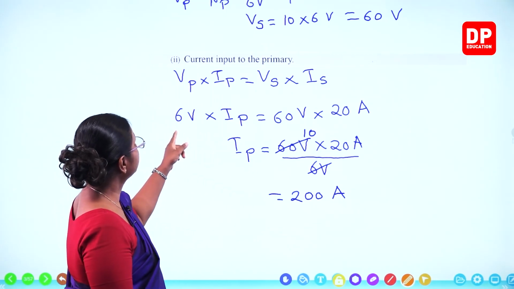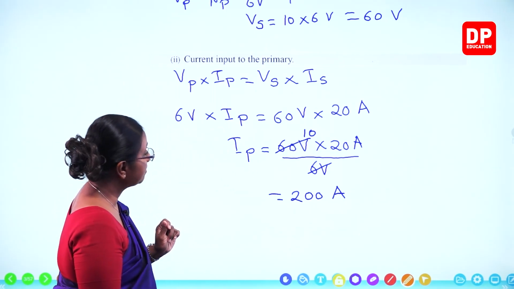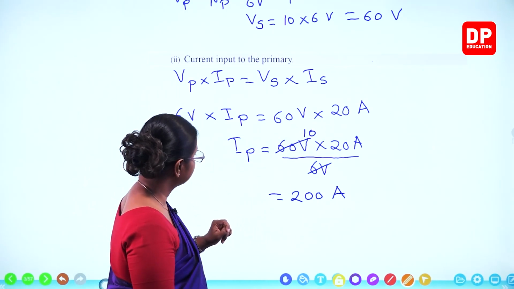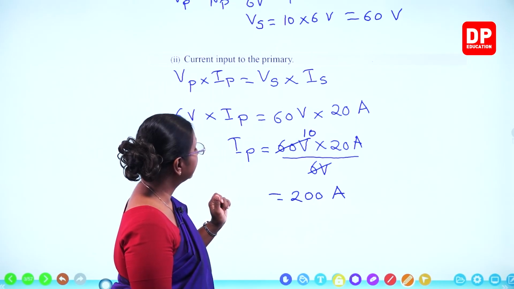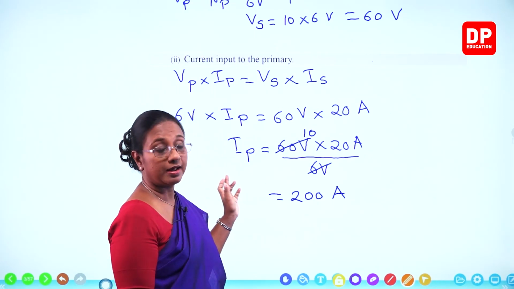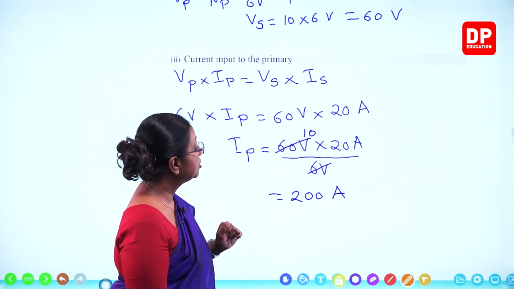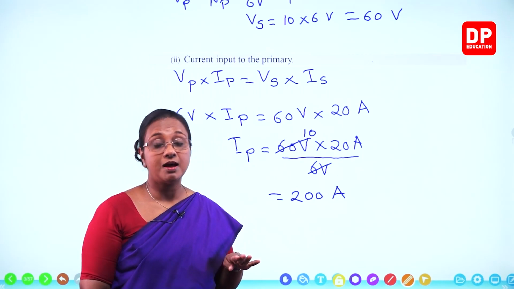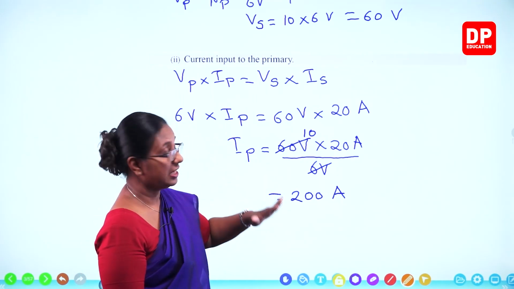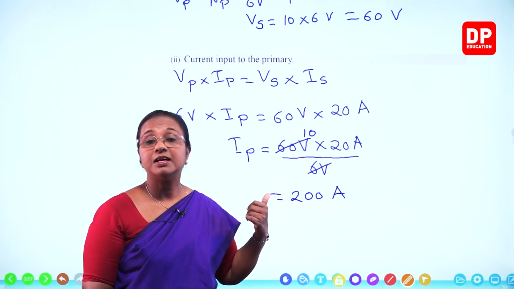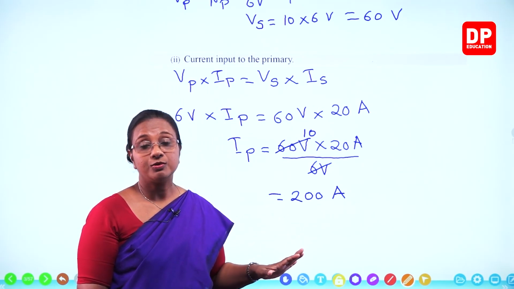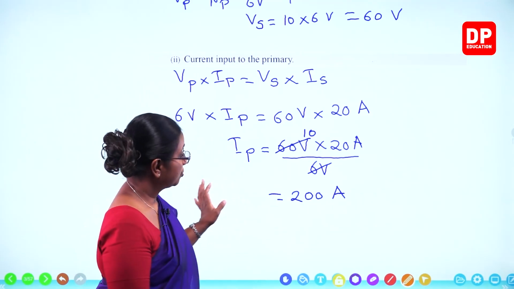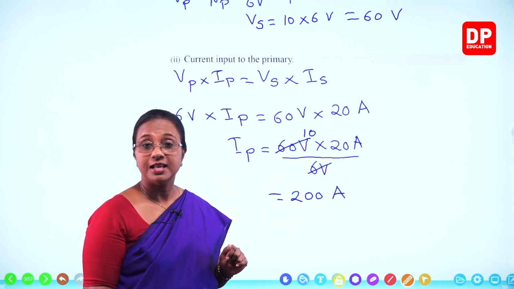If you substitute 6 volts into I primary equals 60 volts into 20 amperes, and calculate the primary input current, you get the value as 200 amperes. So you all know this is a step-up transformer. The voltage increases, but the current decreases. That is how the transformer works. Is that clear, student? So with that, I will move on to the next question.